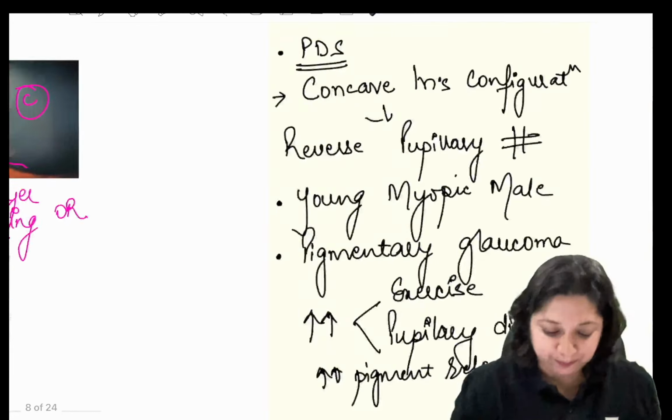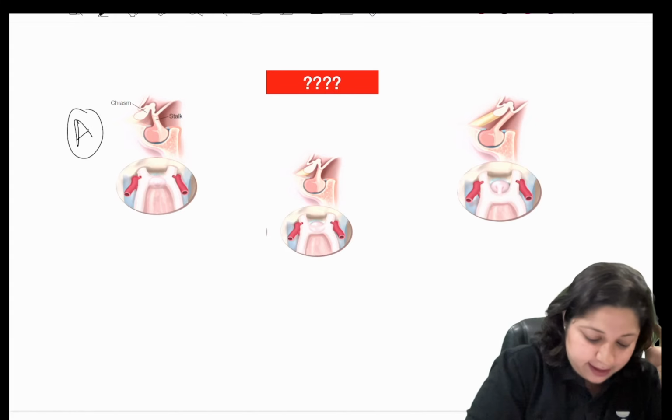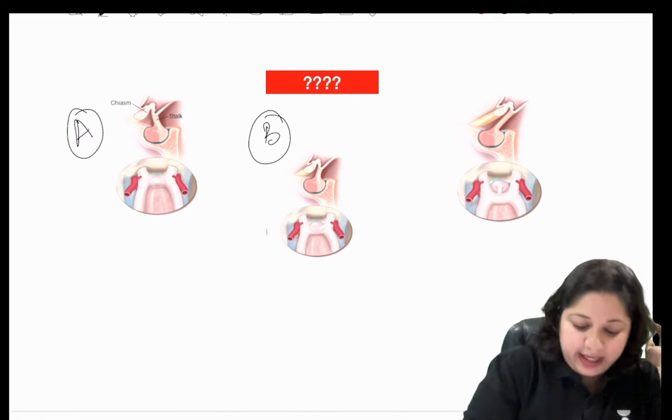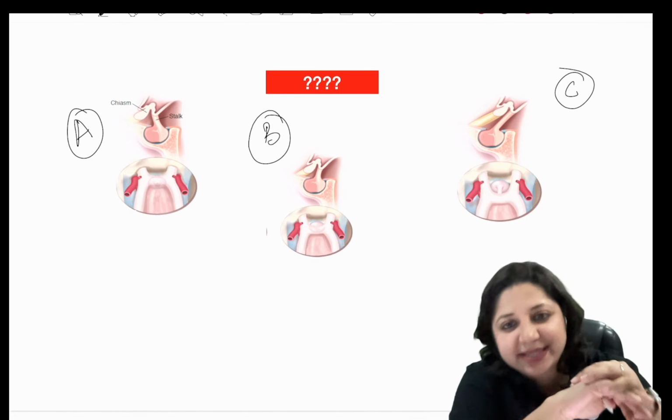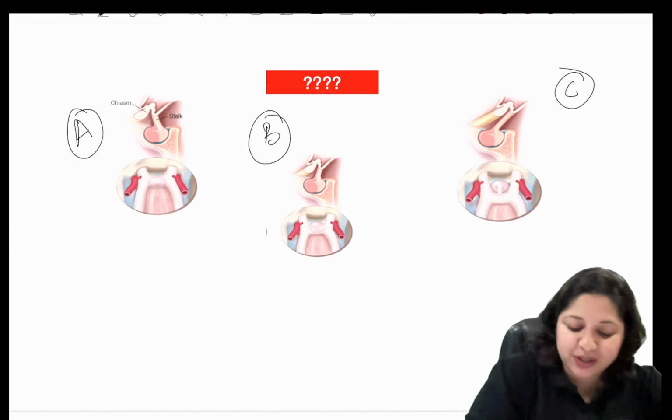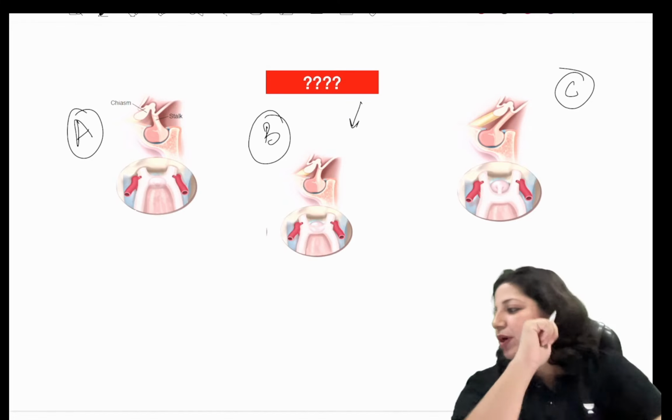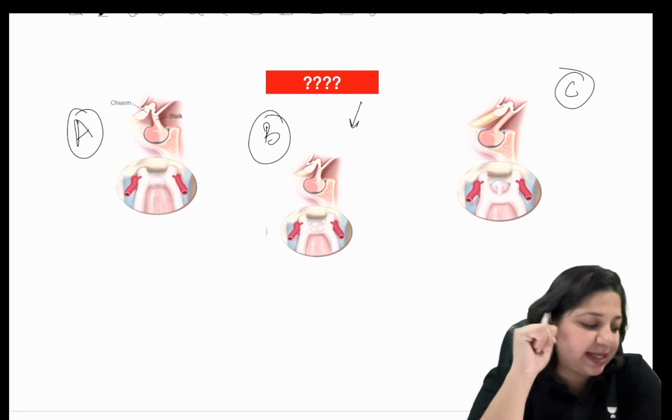All right, okay. So identify this. What is this? Again, I will label it as A, B, and C. All the three are the same structures. If you can just tell me what is B. Okay, you tell me what is B. What are you seeing here?